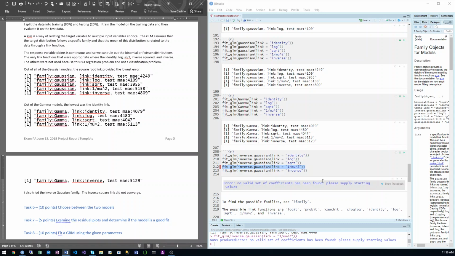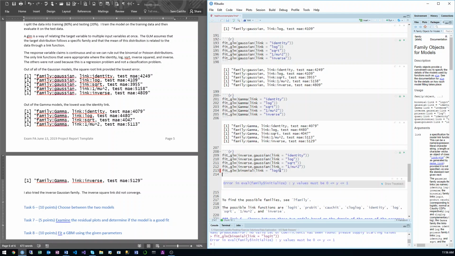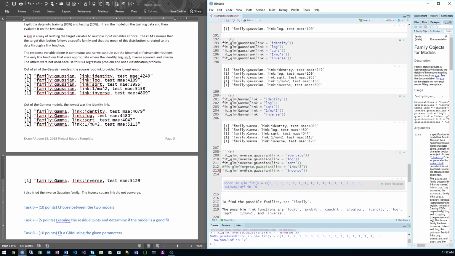This is common if the model's not a good fit. Like if I tried to fit, let's say I said binomial, link equals logit. This would also create an error. Well, this is actually a different error. Say link equals log. That will also create an error. So if you get an error when trying to fit a distribution like this, it just means that the model is not appropriate or not a good fit.